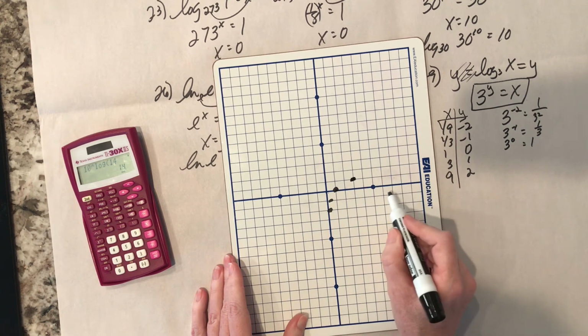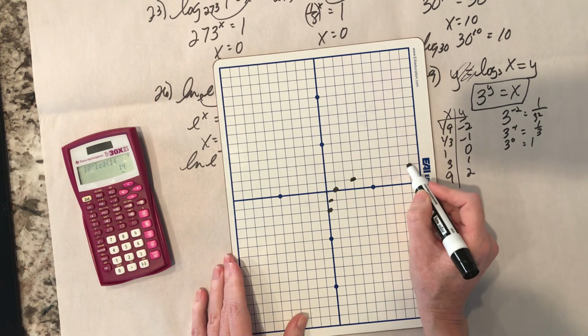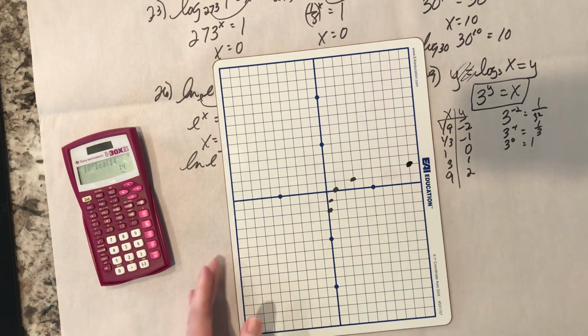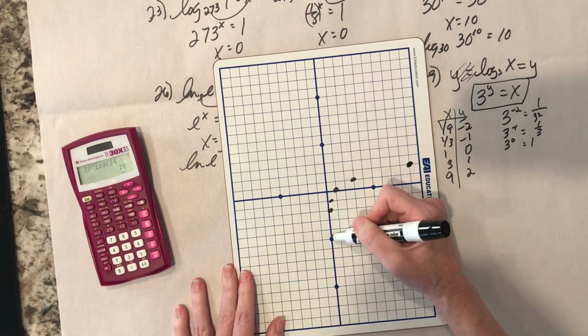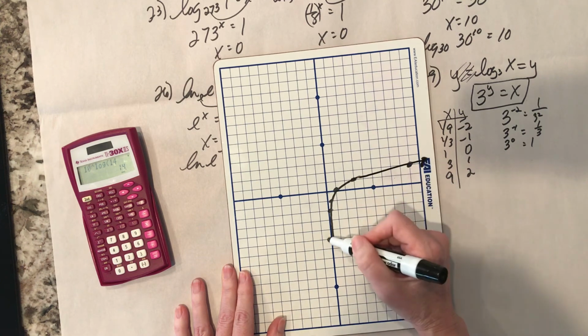And 9, 6, 7, 8, 9. Okay, we go out to 9, 2. So there's our logarithmic function graph. So it does something like this, and then on out.